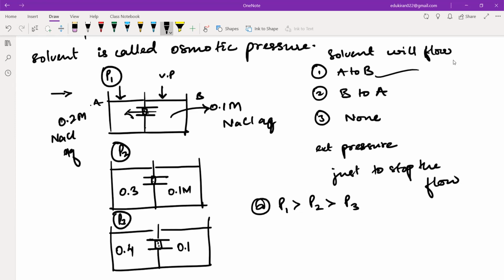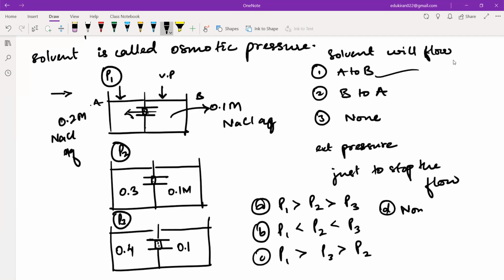Send the answer in chat, okay? What do you think will be the order of pressure 1, 2, and 3?